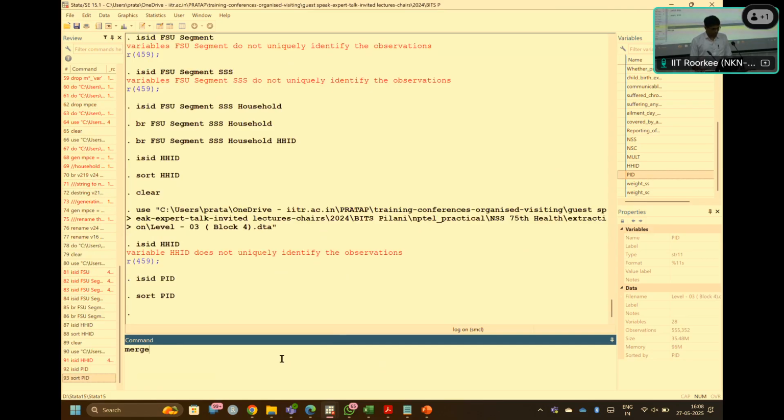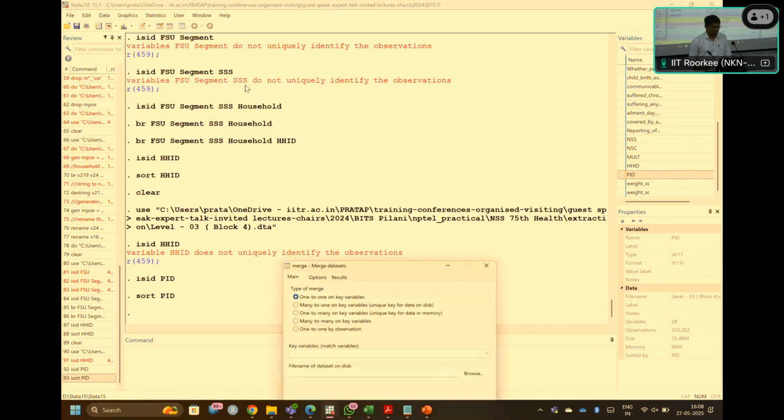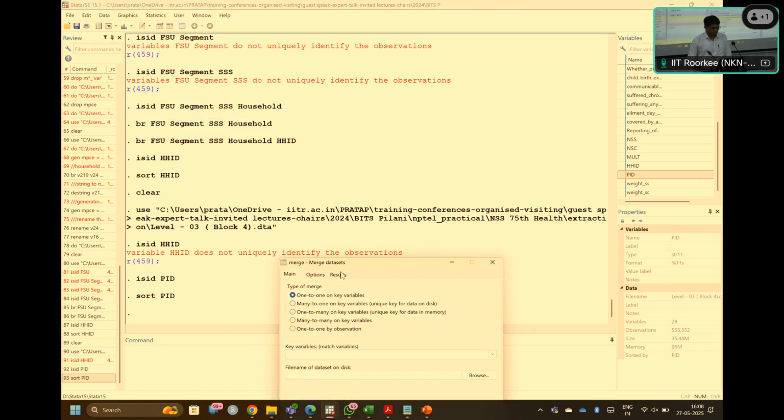Okay. So otherwise, you just check this. Easiest way, just check data, combined data set, merge two data sets. So the same principle, one to one, or many to one, one to many, or many to many, or one to one by observation.